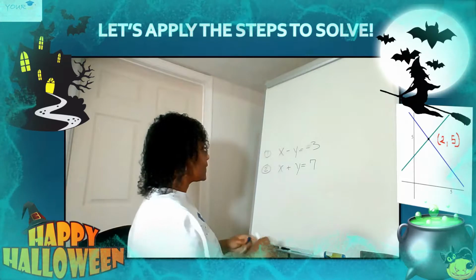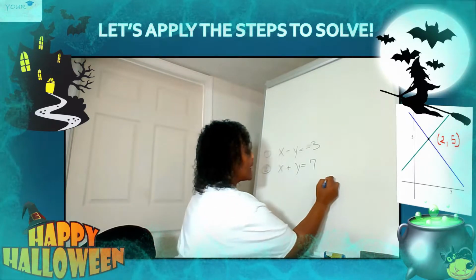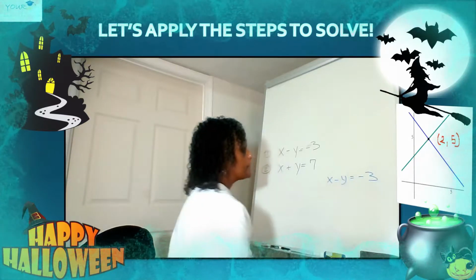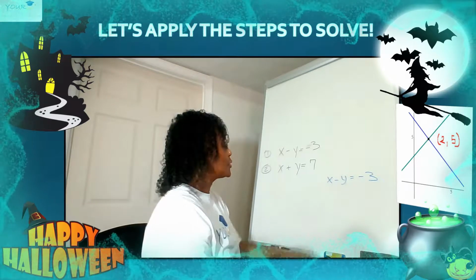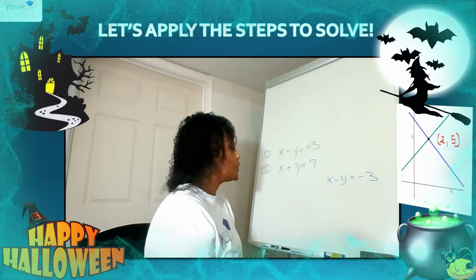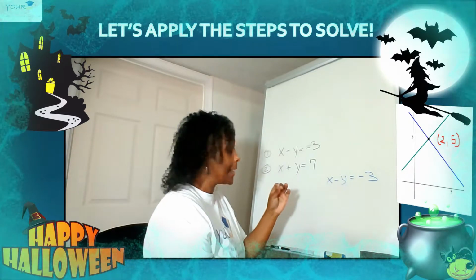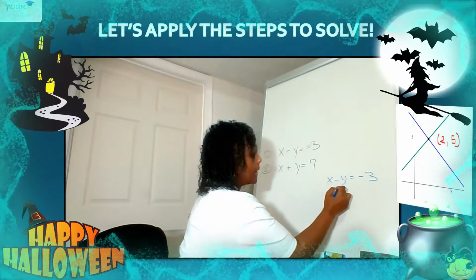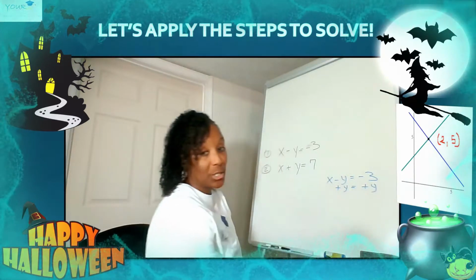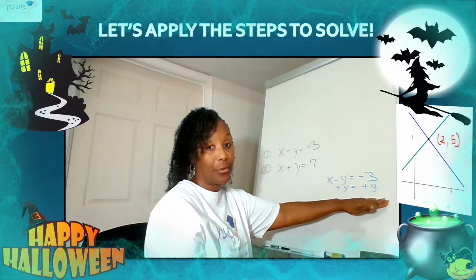So let's look at how that's done. Here we're going to take our equation number 1. We have x minus y equals -3. I have chosen to solve for x. In order to do that, I know that I need to isolate my x. That means that I need to get rid of my y. I can do that by adding y on both sides of my equation. Remember that what you do on one side, you must also do on the other side.